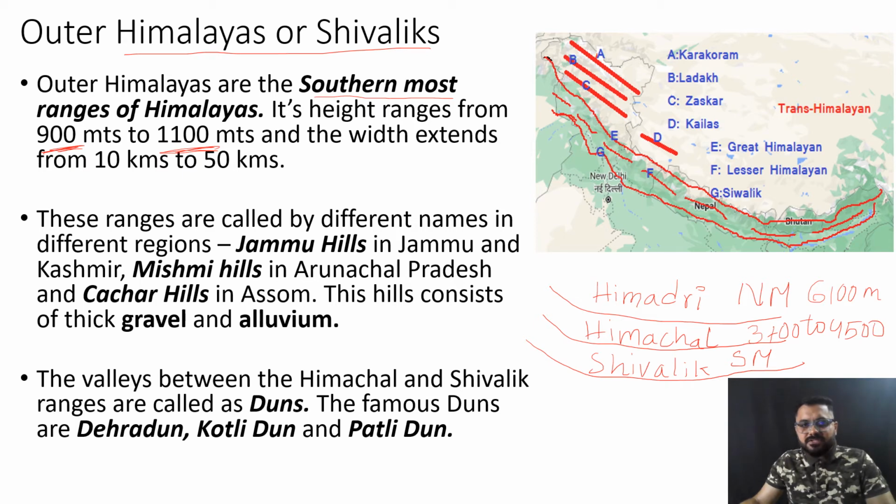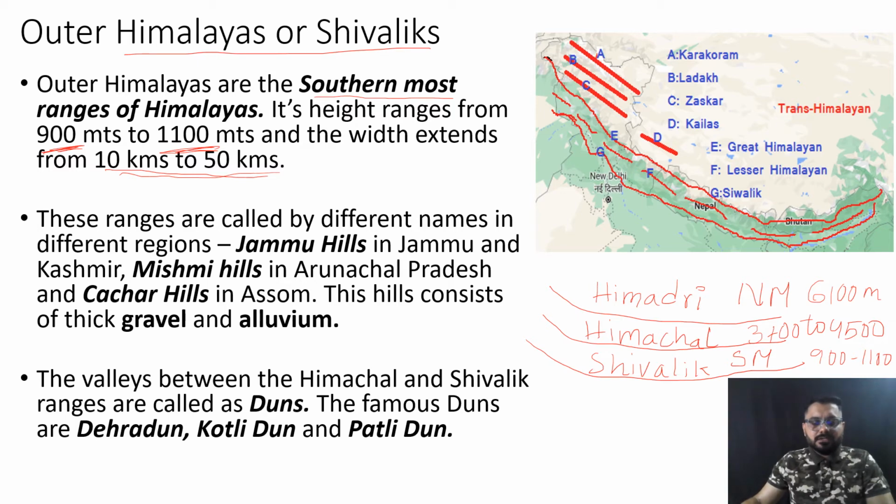Now, talking about Shivaliks, it further decreases to 900 meters to 1100 meters. So we can come to the conclusion that as we keep going downwards, the height of the mountain ranges keeps decreasing, children. Also, the width of these mountains extends from 10 kilometers to 50 kilometers, children.